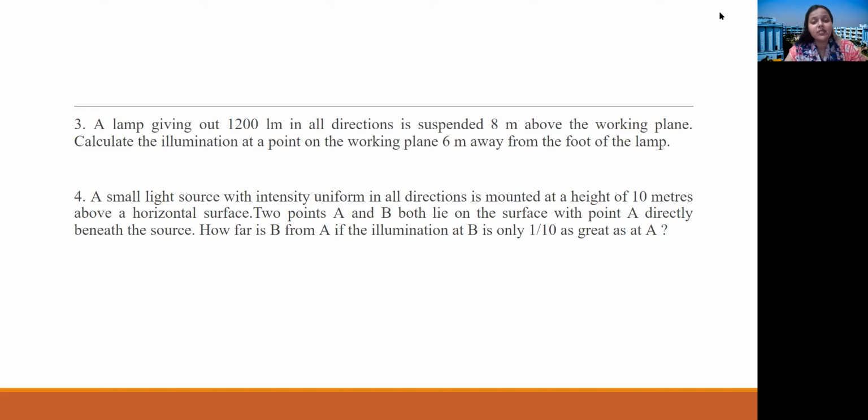Here there is no mention of intensity, so we are considering intensity as 1. So what will be our illumination? E equals 1 into cos theta divided by D square. Now what will be this D? This D will be the hypotenuse of the right angle triangle.